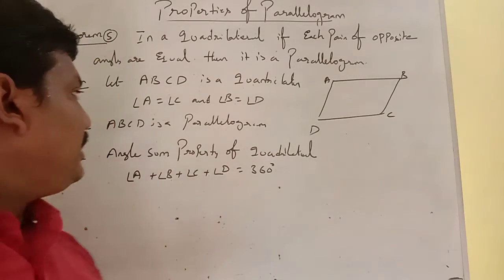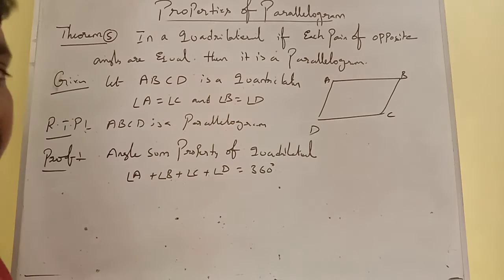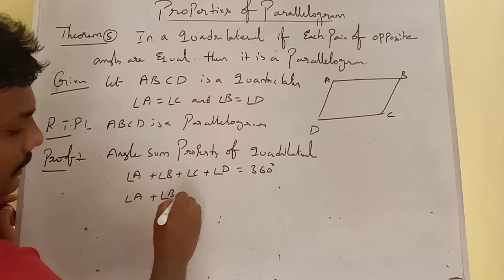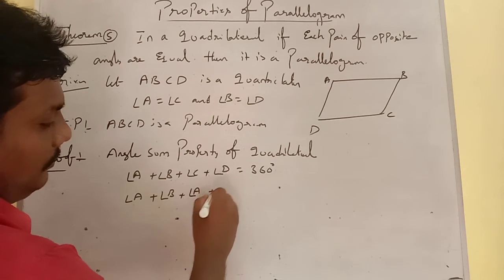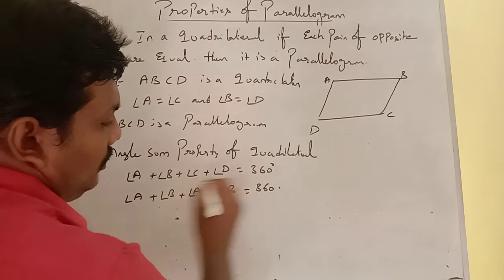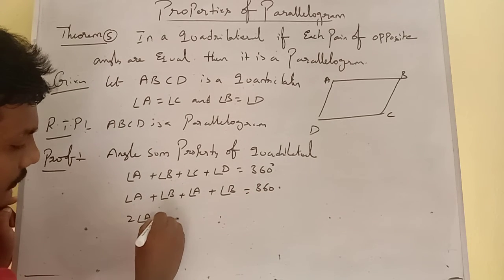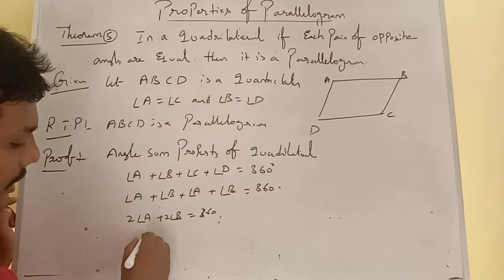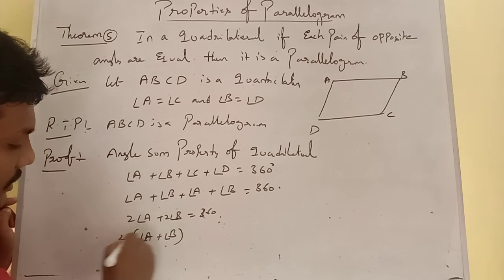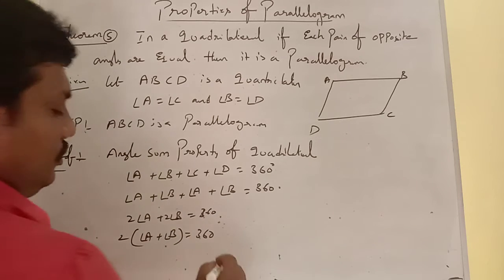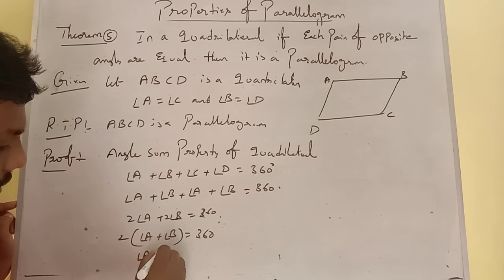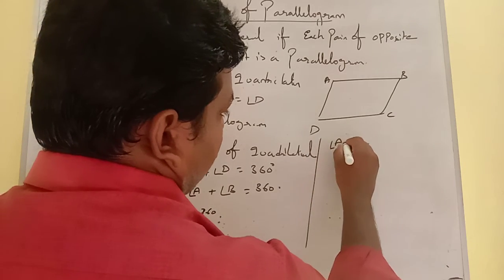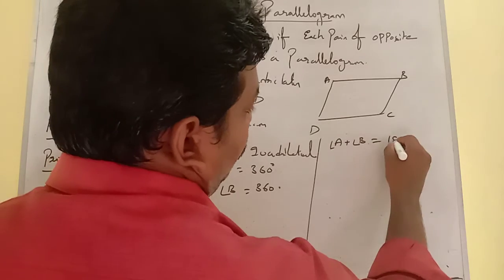But by the given condition, angle A is equal to angle C and angle B is equal to angle D. So in place of C we can write angle A, and in place of D we can write angle B. Then 2 times angle A plus 2 times angle B is equal to 360 degrees. Taking 2 common, angle A plus angle B is equal to 360 by 2, that is, 180 degrees.